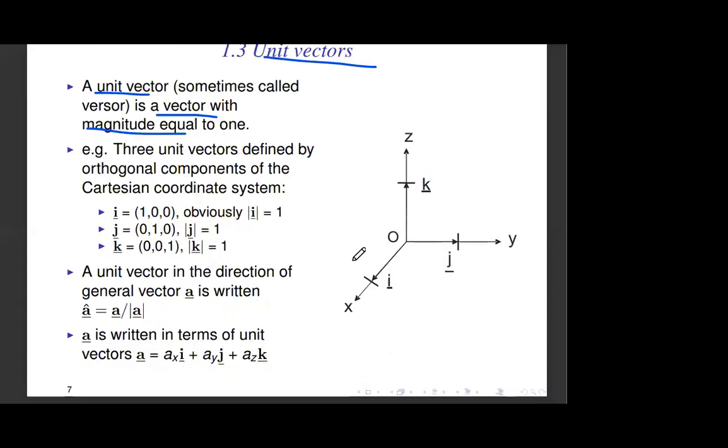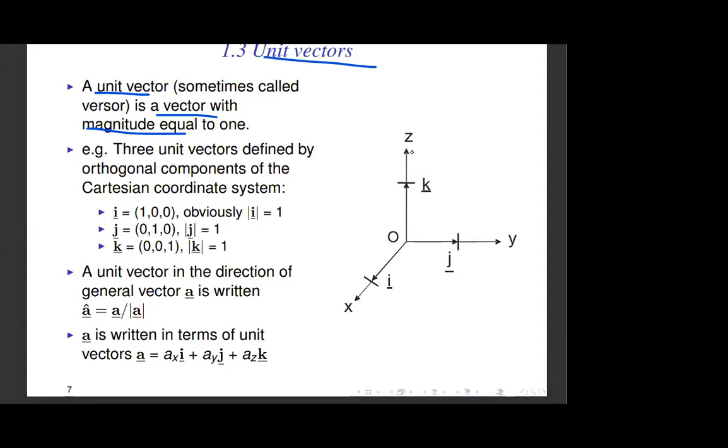For instance, if you consider the OXYZ reference frame, there are 3 unit vectors. i is a unit vector along the OX axis, j is a unit vector along the OY axis, and k is a unit vector along the OZ axis.